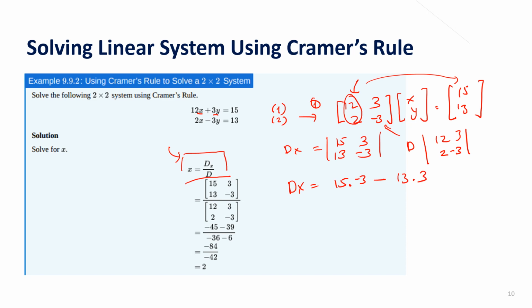So basically it will be equal to minus 45 minus 39, and then below here d will be equal to 12 multiplied by minus 3 minus 2 multiplied by 3. Okay, so here it will be minus 36 minus 6. So you have minus 84 divided by minus 42, which will be equal to 2. So the value of x will be equal to 2.